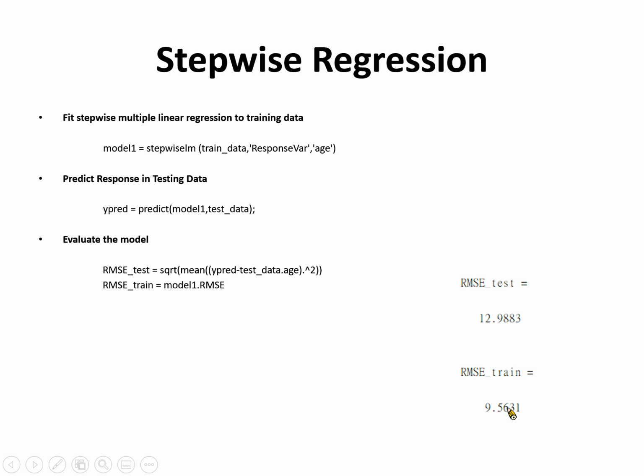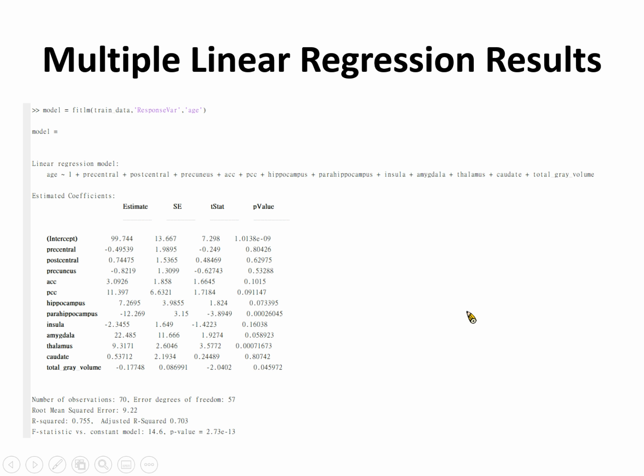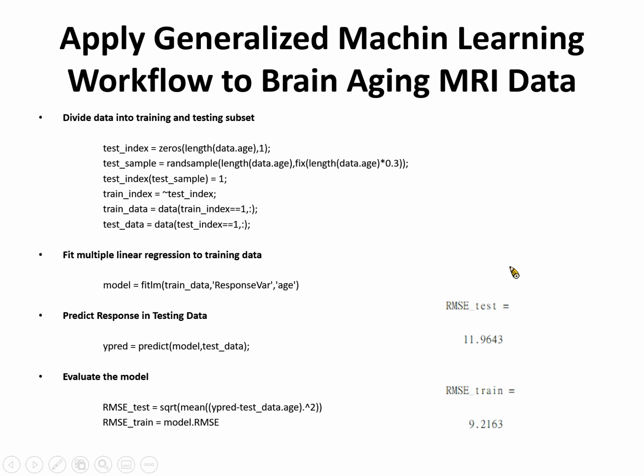For this one, you can see that we still have relatively large errors in the training model and also in the test model. Remember, in the previous results, when we used all variables, the error in the training model was 9.2 years and the error in the testing model was 12 years.